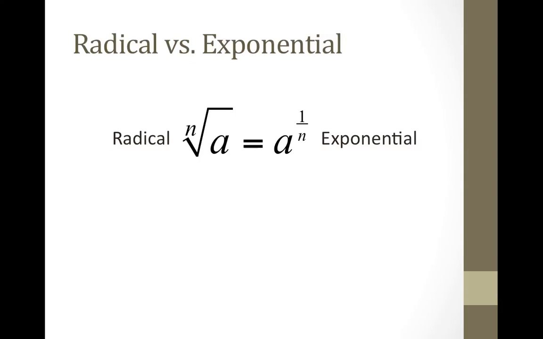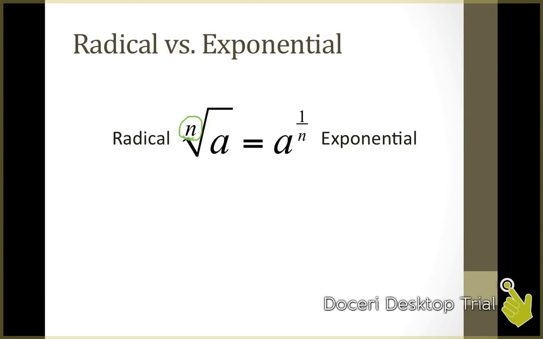So here's how radical notation and exponential notation are related to each other. If using the radical we see that we have the nth root, then in exponential form, that is the same as saying we're taking a and raising it to the 1 over n power. These two notations are equivalent.